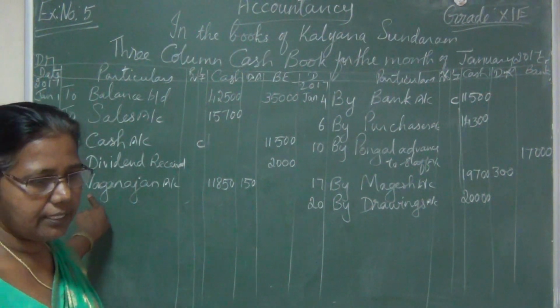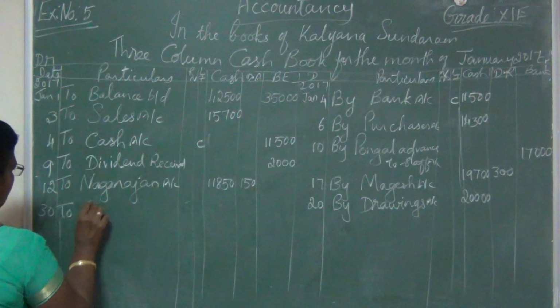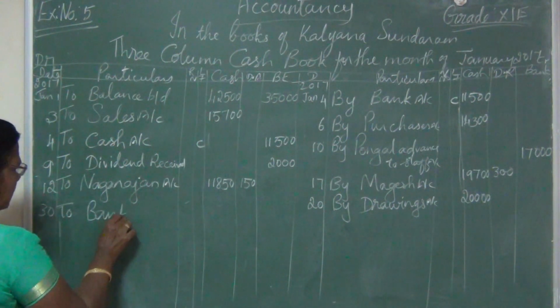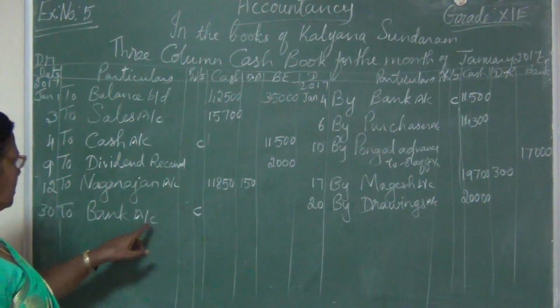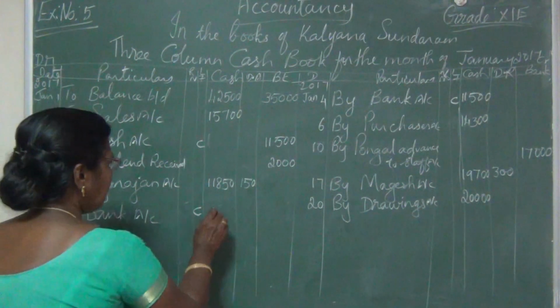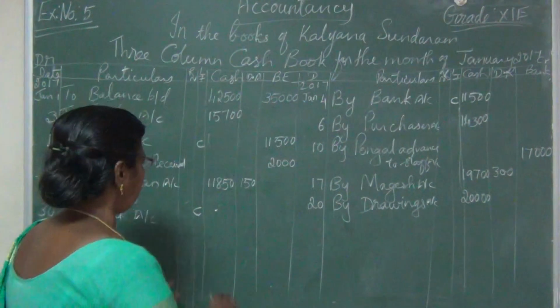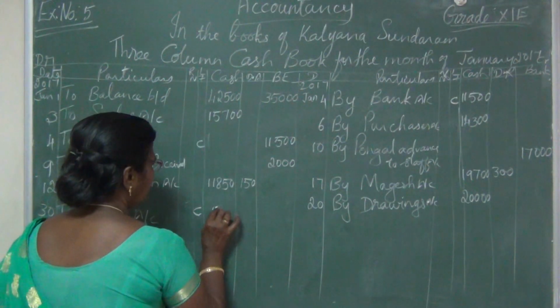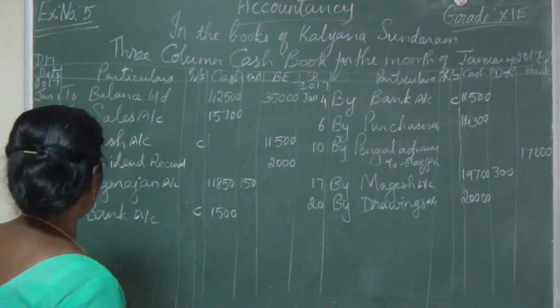Okay, the date is 30, to bank. Immediately you write C in the LF column. Okay, cash account debit, so in the cash column we should write the amount. What is it? 1,500. Then the same should be posted on the credit side also.